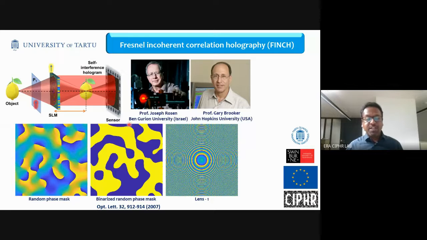But we also know that in the case of a single point, there is no difference between a coherent and incoherent imaging system. So with that, let us try to see if we can create a holographic system with incoherent sources. A single point is coherent with respect to itself. With that concept, FINCH was developed. Every point of this object is incident on the spatial light modulator, and on the spatial light modulator, there are two lenses displayed.